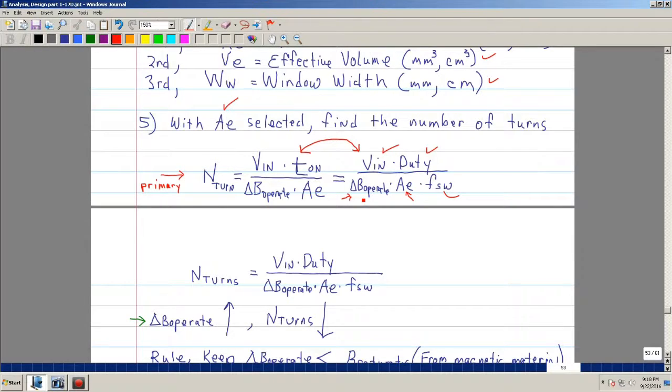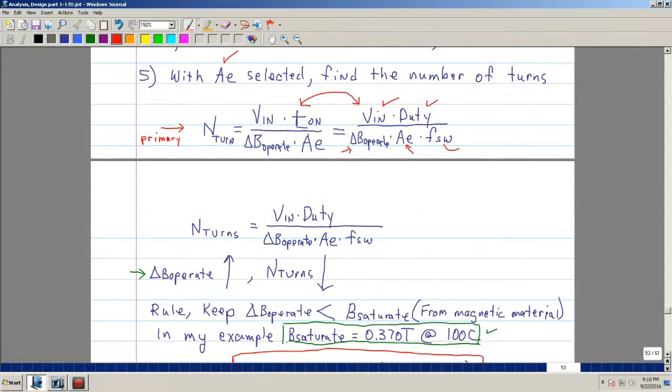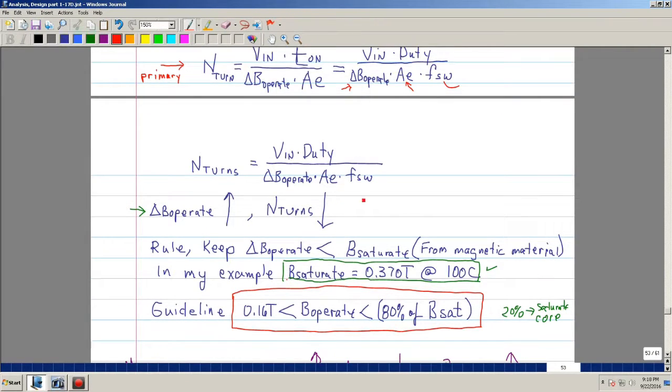Now take a look at this. Let's look at the equation. If you notice, the only variable that you're going to be varying is your delta B operate. Everything is pretty much fixed unless you select a different core.